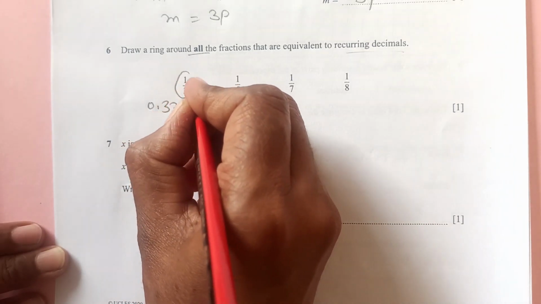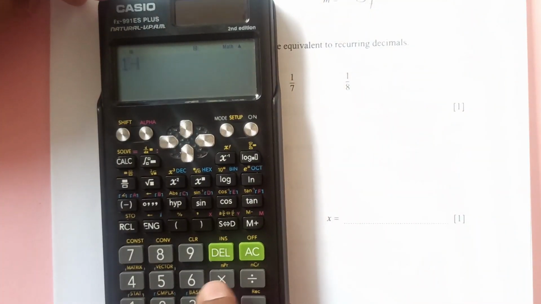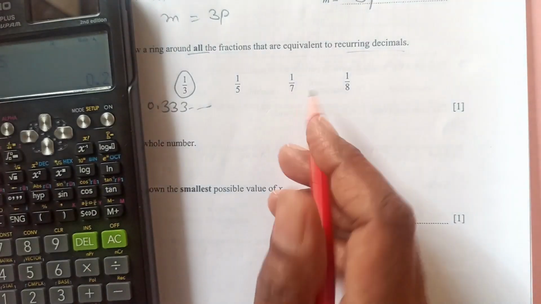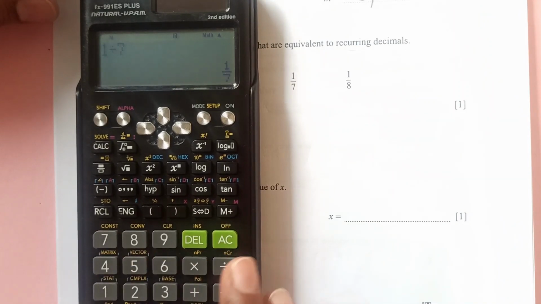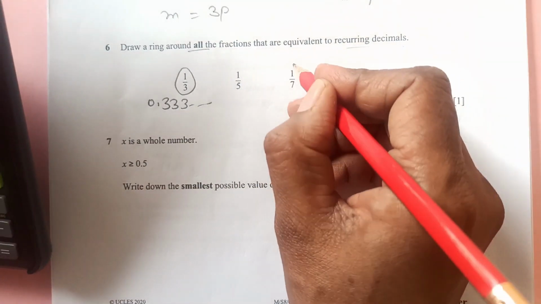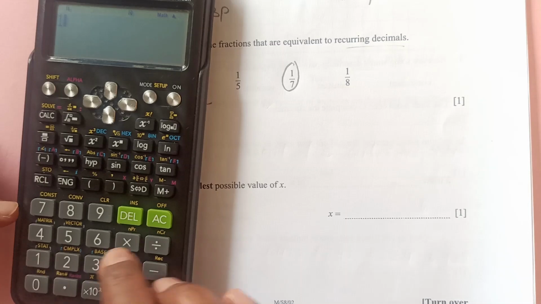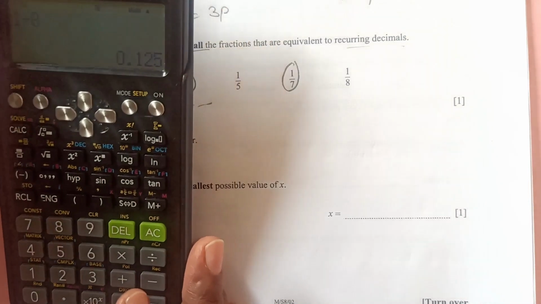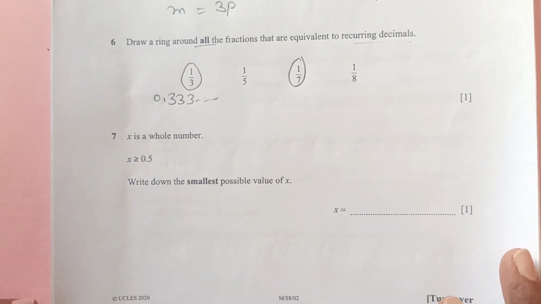So we will put a ring around here. 1 over 5, 1 divided by 5, is 0.2, so this is not the one. Then 1 divided by 7, again you can see it is recurring because it is continuous. And 1 divided by 8 is 0.125. So we will not put a ring around that.